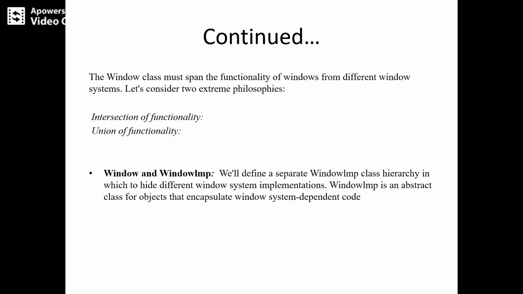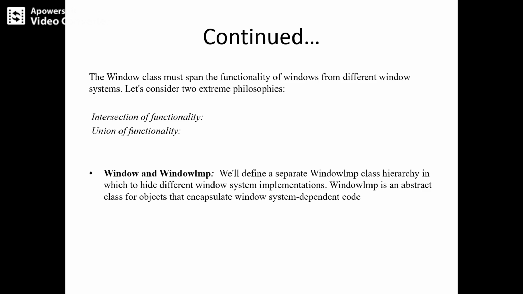Here we discuss two class hierarchies, window and window IMP. We will define a separate window IMP class hierarchy in which to hide the different window system implementations. We can see this in the next diagram. Window IMP is an abstract class for objects that encapsulate window system dependent code.